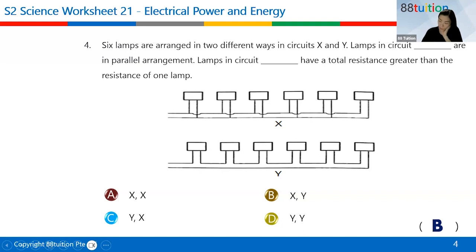That's right. How do you know that X is actually arranged in parallel? Why is it not series? What gave you the hint, Harini? We don't have many people here. Okay. The wire that's connecting. Okay, what is this indicative of? Do you see this part here?